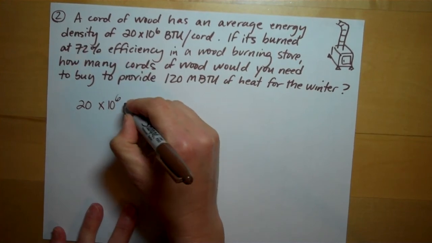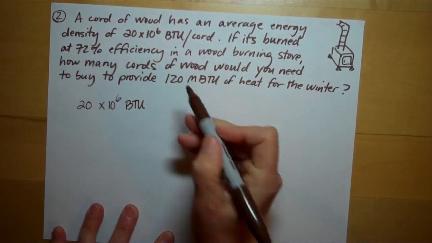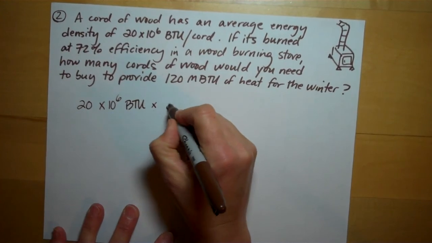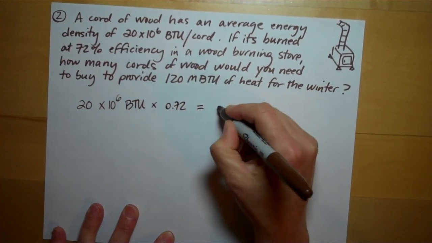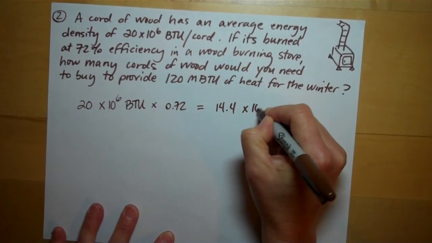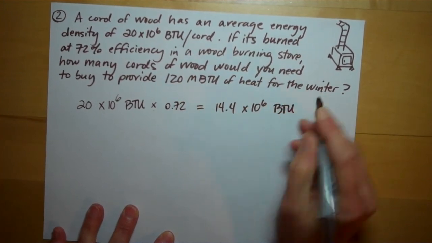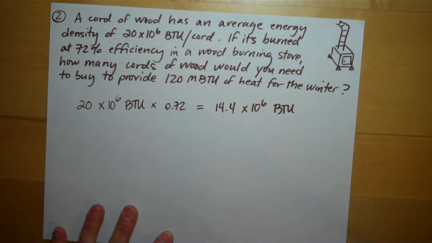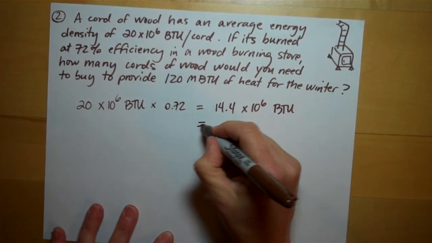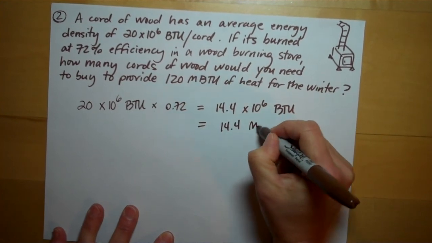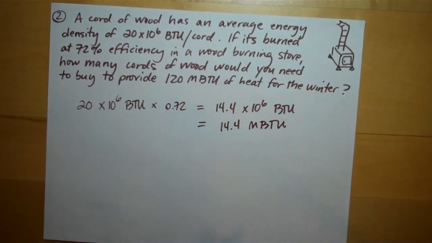So 20 million BTUs of energy in this cord of wood at 72% efficiency. You can see we'll get 14.4 times 10 to the 6 BTUs of heat energy out of this cord of wood. 10 to the 6 again is mega, so 14.4 mega BTUs of heat energy we'll get out.